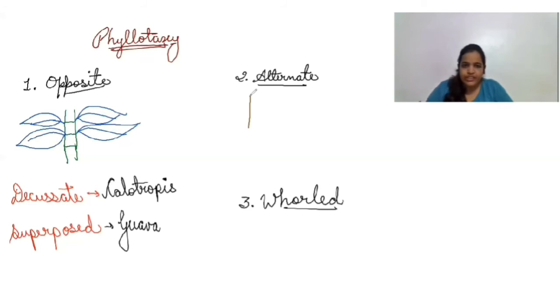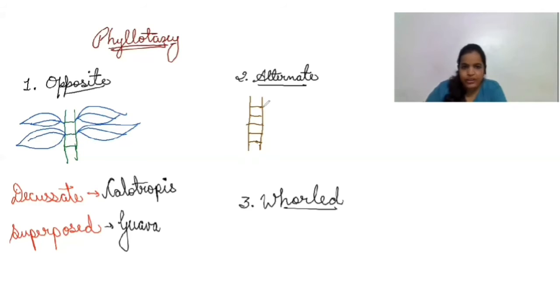Again we have to draw a stem. On this stem, what will be present? Nodes and internodes. I don't think I even have to speak about nodes and internodes, because from the first lecture itself we have been discussing them. So these are the nodes and internodes. On these nodes, leaves are born, right?